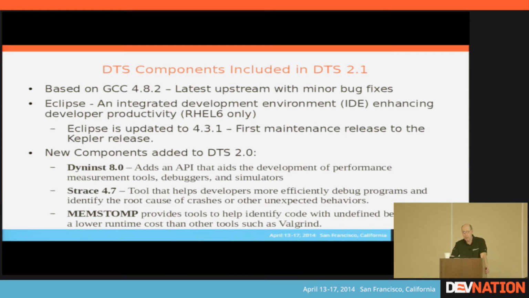Latest version of Eclipse, updated to 4.3.1, which is the first maintenance release to the Kepler release. And in the DTS 2.0, which released late last year, if you're familiar with DTS 1, when we released DTS 2, we added some new components. We added Dyninst, we added strace, and we added memstomp.